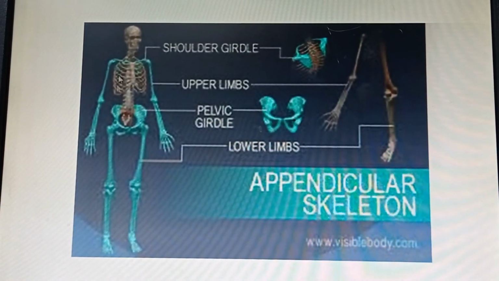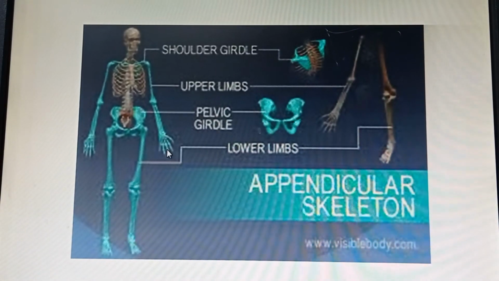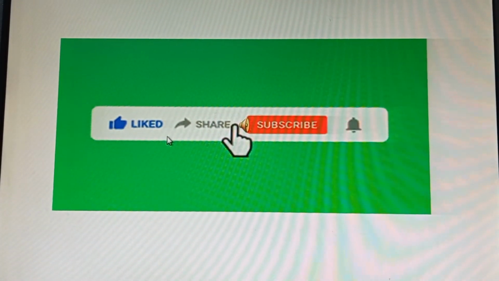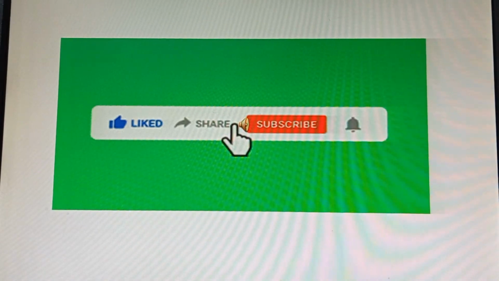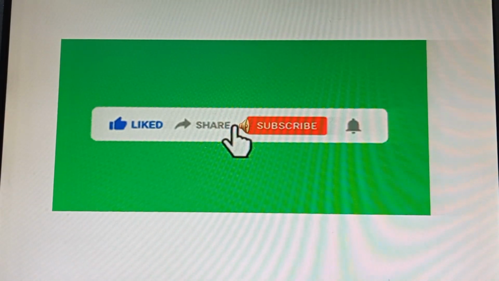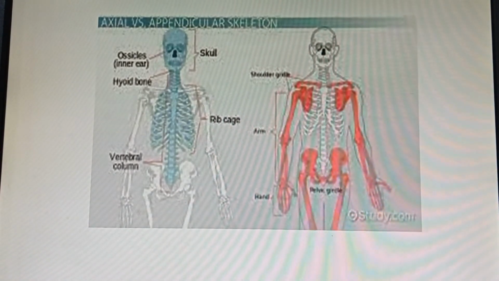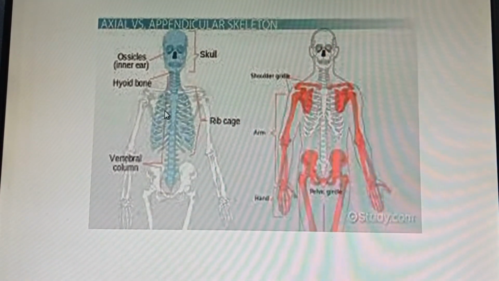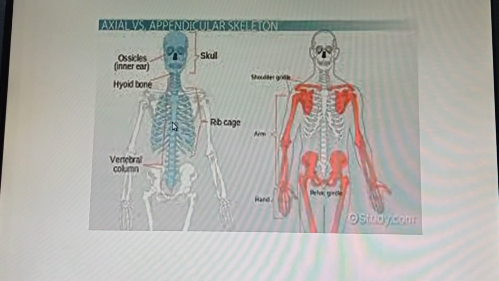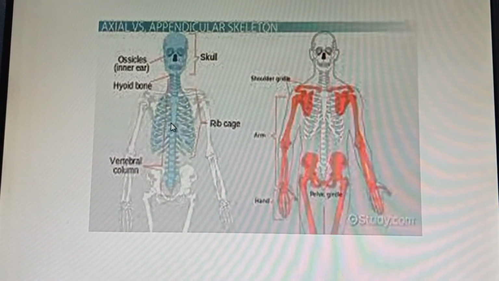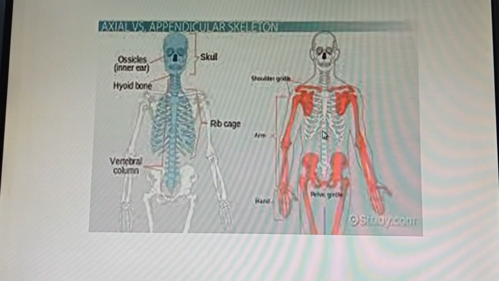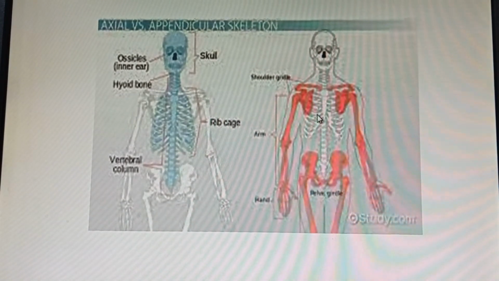And in total, in the whole skeleton, 206 bones are present. In this picture, highlighted bones in blue are a part of axial skeleton, and highlighted bones in red are the part of appendicular skeleton.